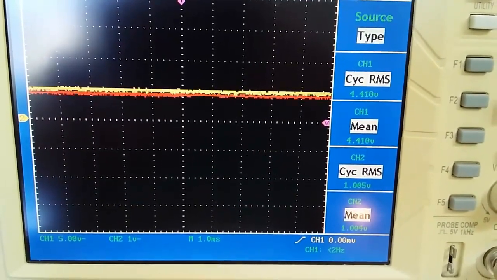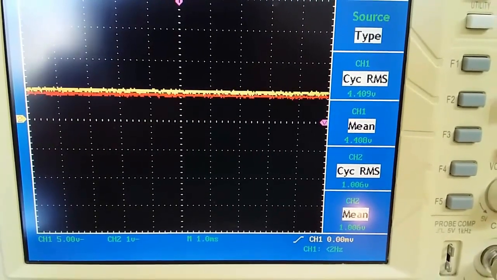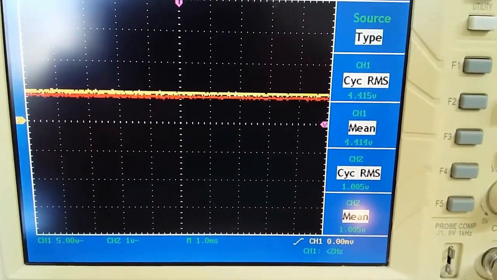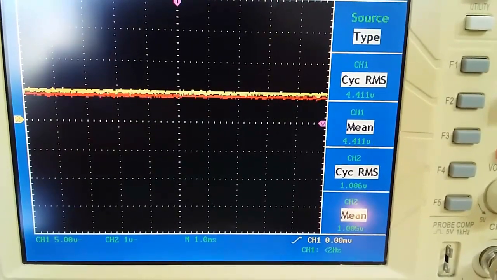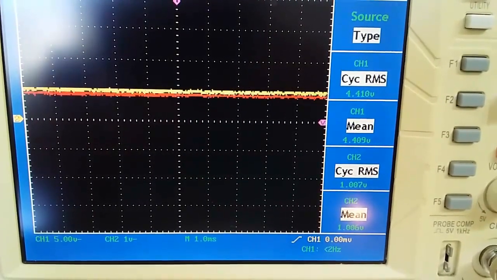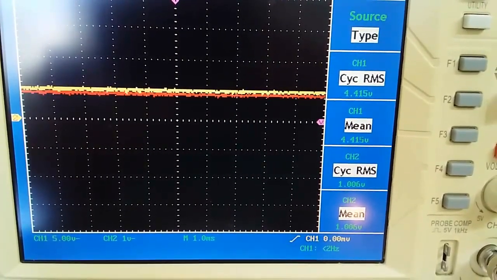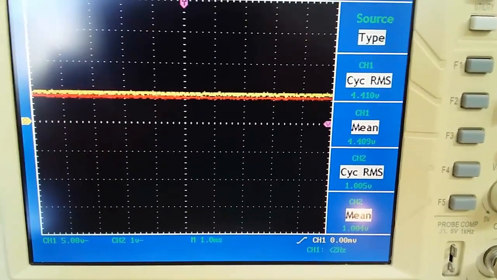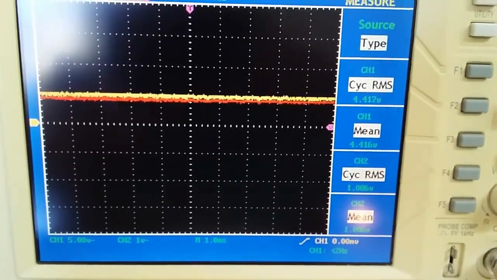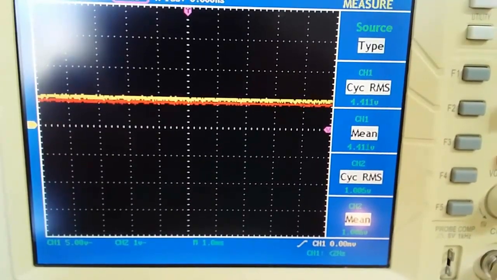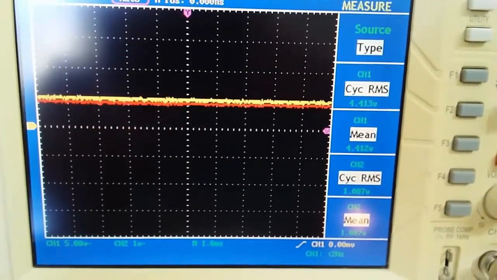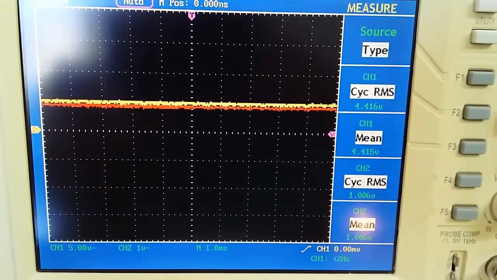It's all positive current. So RMS and mean are the same down the bottom. If we look at the top, the voltage is almost exactly the same as well. Sometimes it does vary a little bit. RMS and mean are approximately the same values for straight DC.